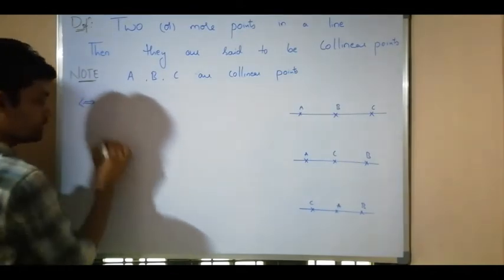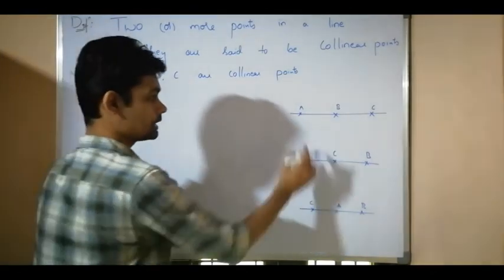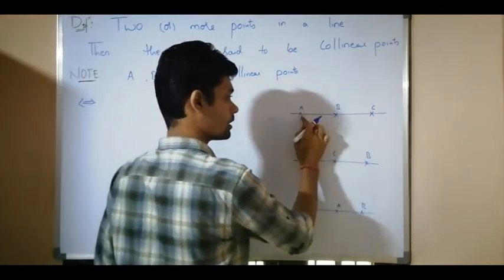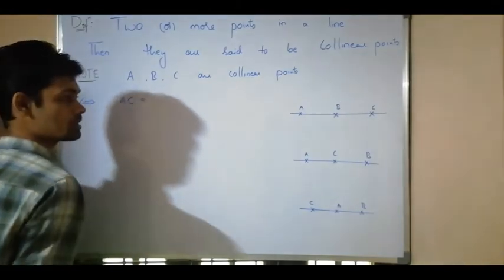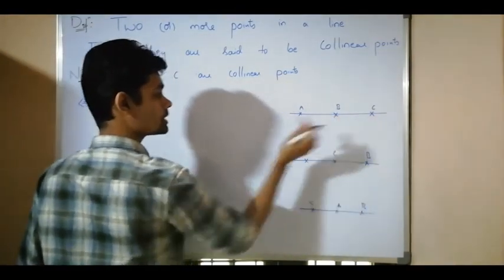if and only if distance of AC is equal to distance of AB plus BC.